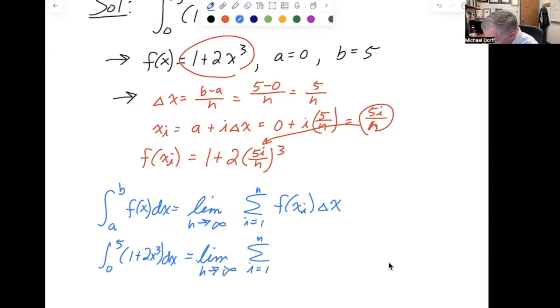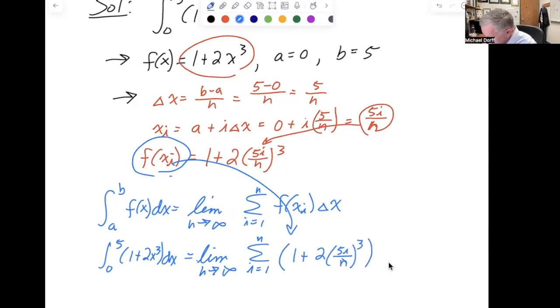And now I'm going to put in my f of x sub i, so I'm going to have 1 plus 2 times 5i over n cubed. And then it's all times this delta x.